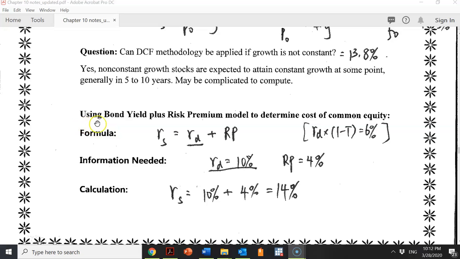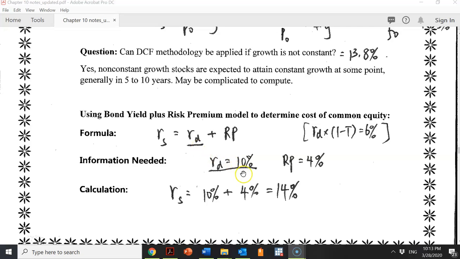The third method is to use the bond yield plus risk premium model to determine cost of common equity. So RS, cost of common equity or stock return here, equals RD, cost of debt or bond return, plus this stock over bond risk premium. This is given by the question as 4%. Cost of debt was calculated by us.